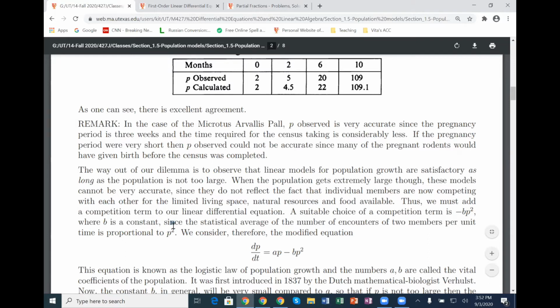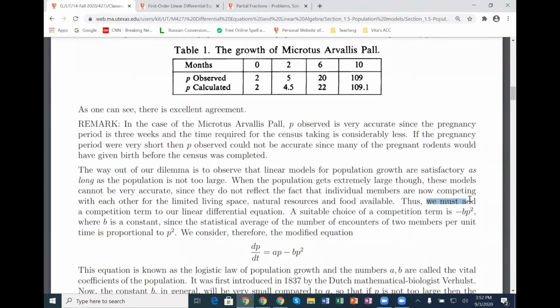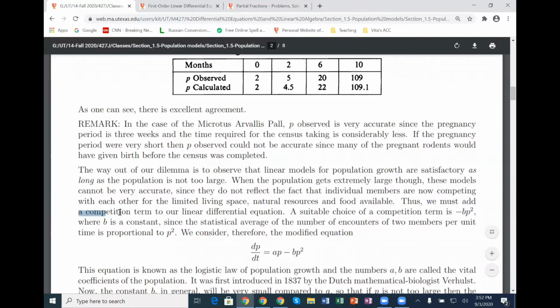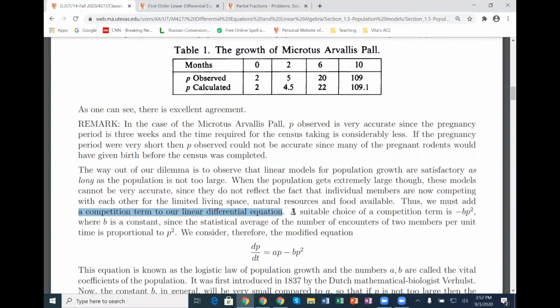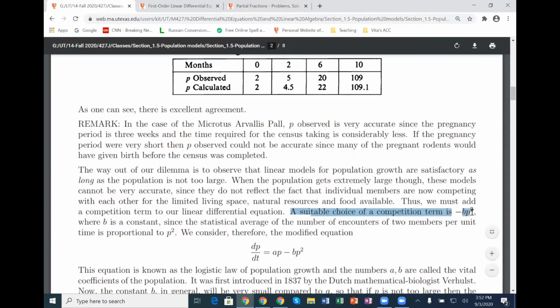How do we adjust the model? We must add a competition term to our linear differential equation. A suitable choice of a competition term is negative bP squared, where b is a constant, since the statistical average of the number of encounters of two members per unit time is proportional to P squared.